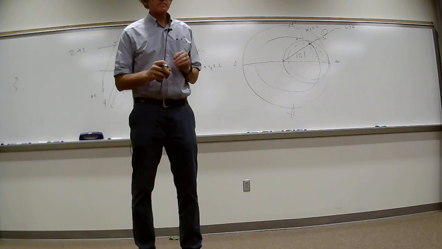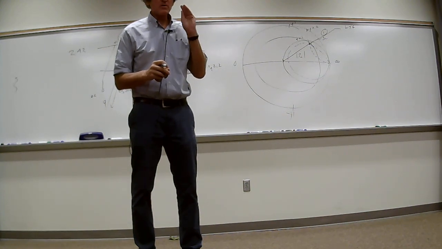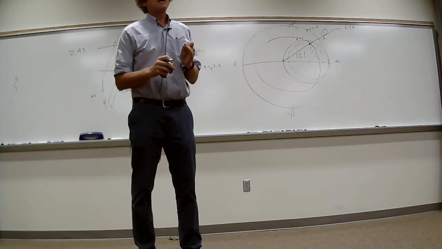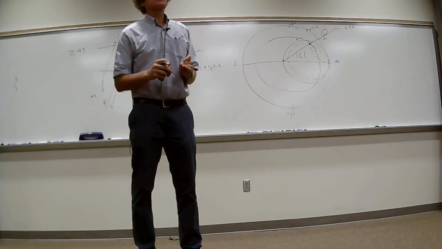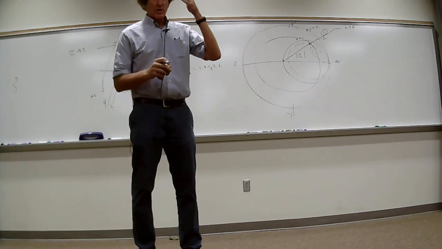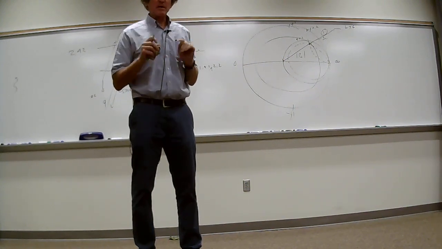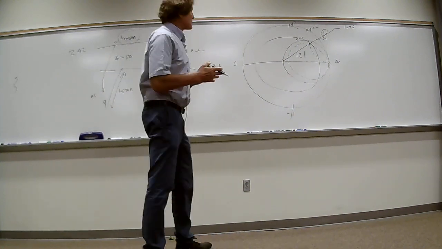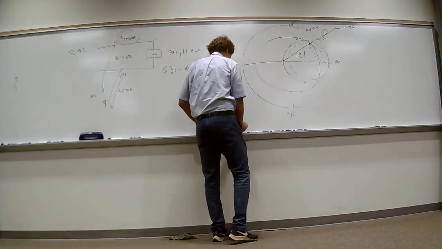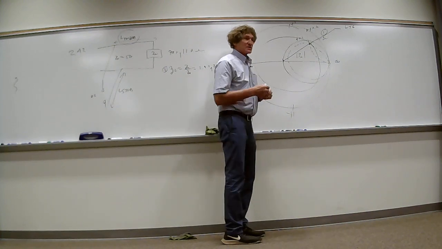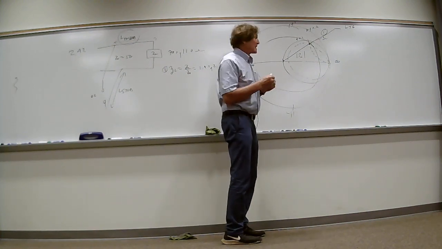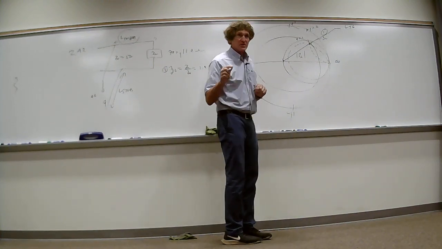Y'all with me? I want you to listen carefully. They want the actual distance from the load to where the stub is attached to be a minimum. Now, whenever we're looking for where we're going to attach the stub in terms of the location, there are two possible points, and I want you to hear me.